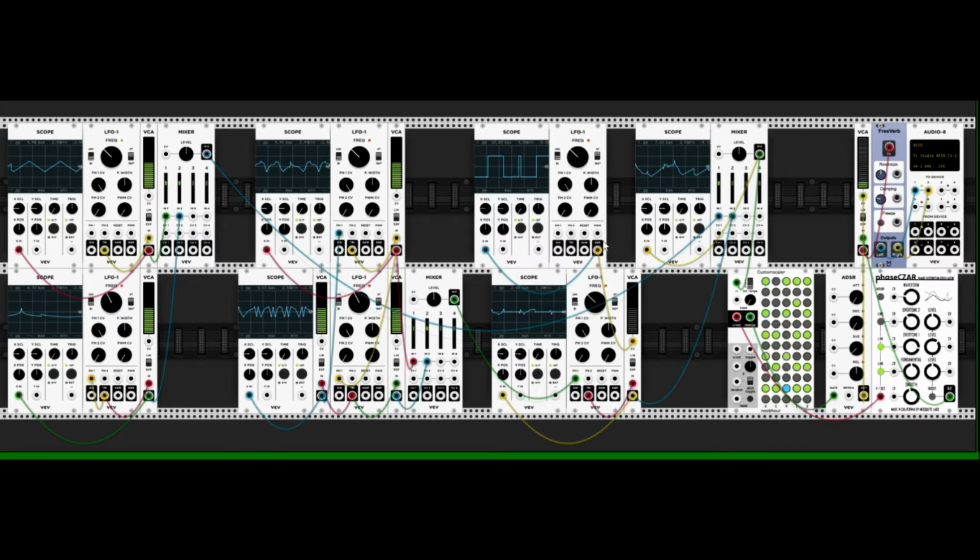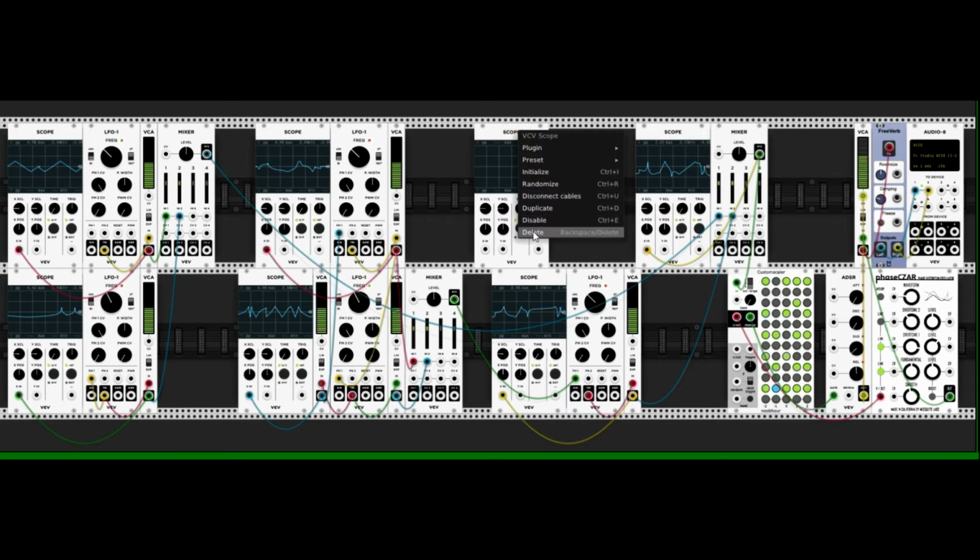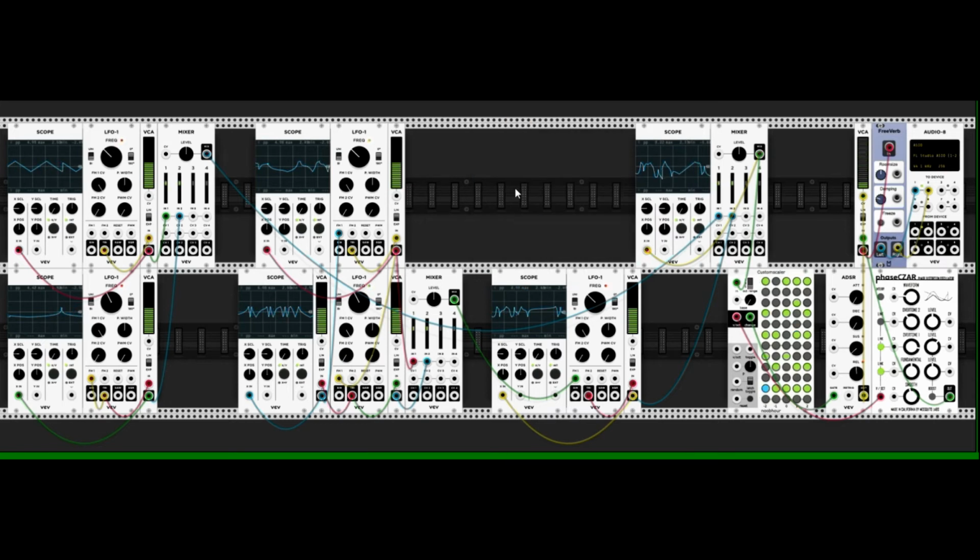But of course I can do the same not only with whole paths, but with certain single individual LFOs. Let's say this here. Okay, let me remove this extra LFO and scope again, because I can use, of course, any square wave output of any of these LFOs to do the same as before.